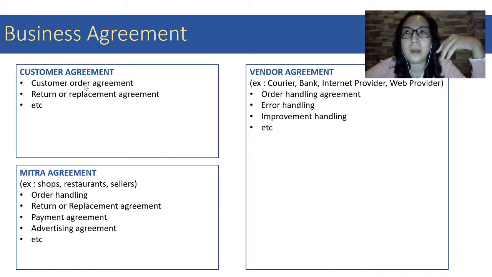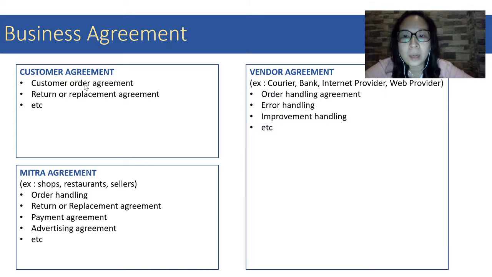Is it in days or in hours? And how to contact you, is it via email, WhatsApp or whatever, and what is the procedure for complaining, whether they need to submit a video or text or whatever. Basically you just explain it in that agreement.